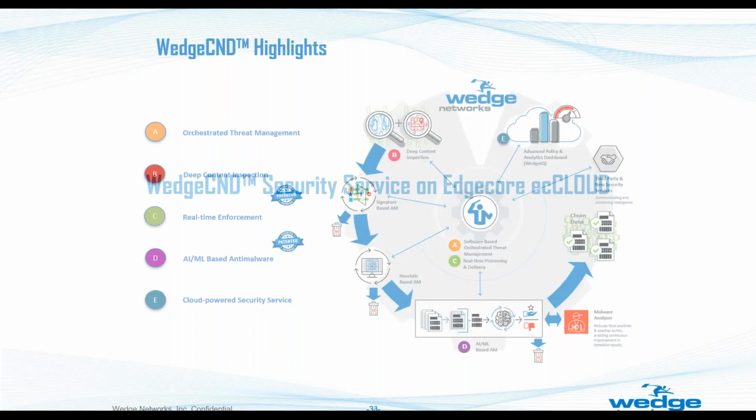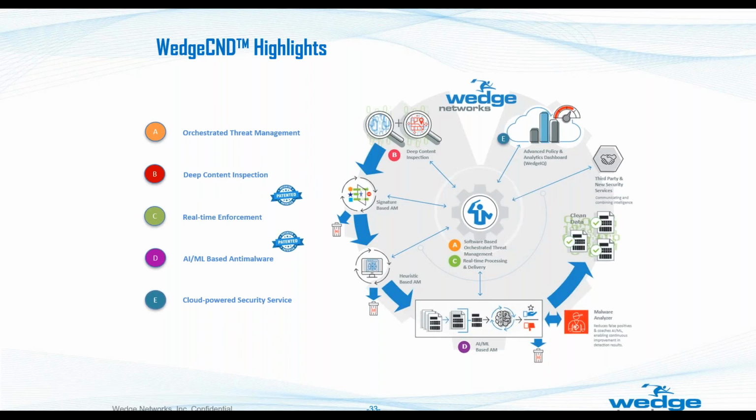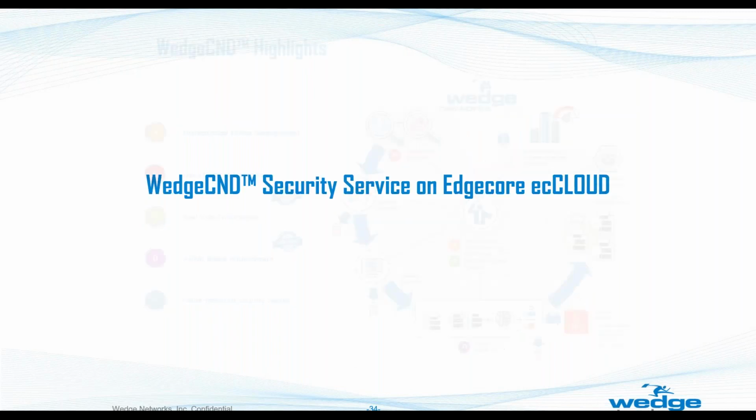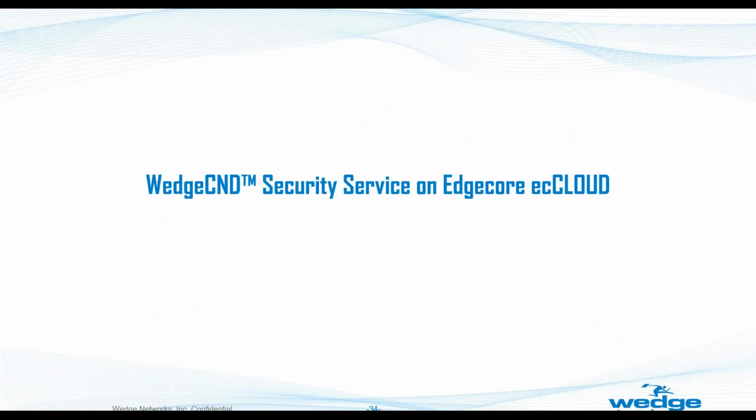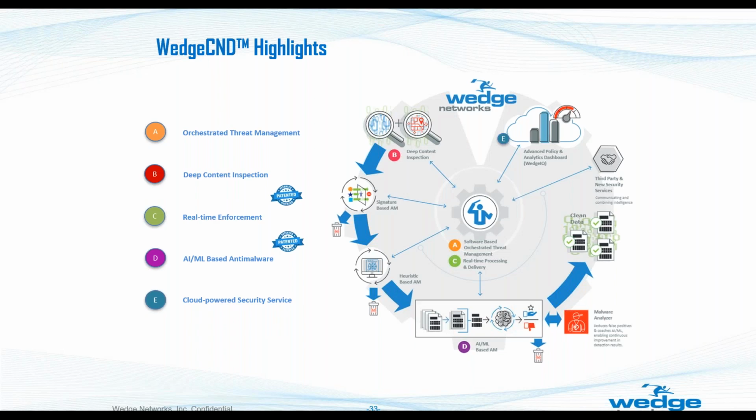Many alternative solutions only offer detection and alerting capability, but WedgeCND can block threats in real time. D, it employs AI machine learning for malware protection, as expressed above. E, it is a cloud-based security services solution. This is important and different from other solutions.